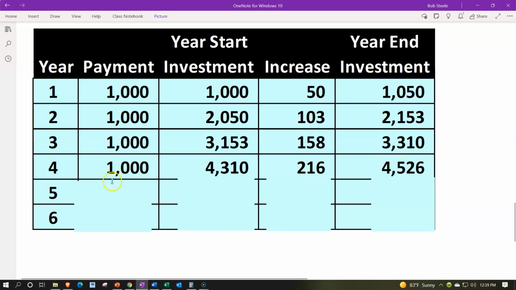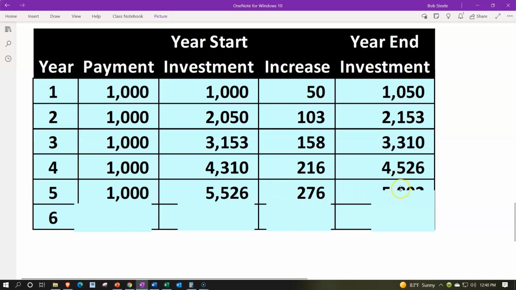Then we add another 1,000 at the beginning of year 5. That's going to be added to the 4,526, which gives us our beginning balance here of the 5,526. Multiplying that times 5% gives us the 276. And then we can take the 276 plus the 5,526 to get us to the 5,802.